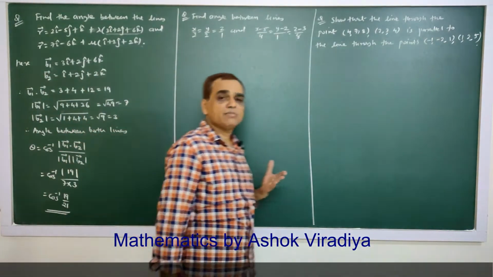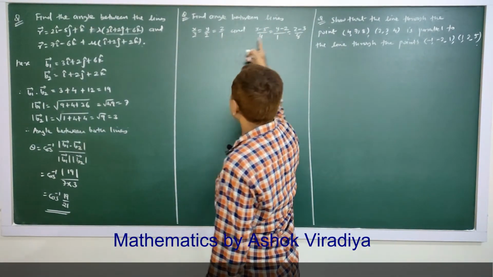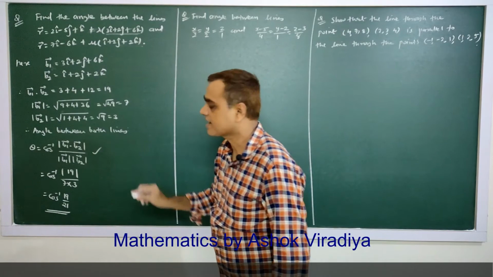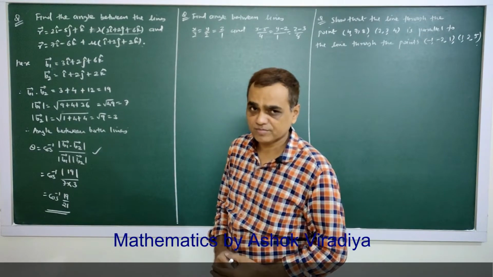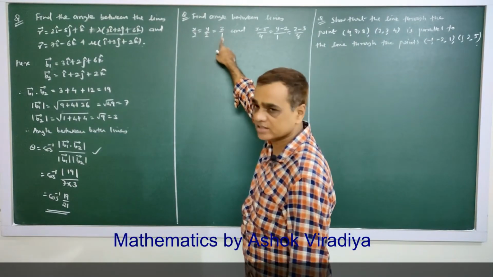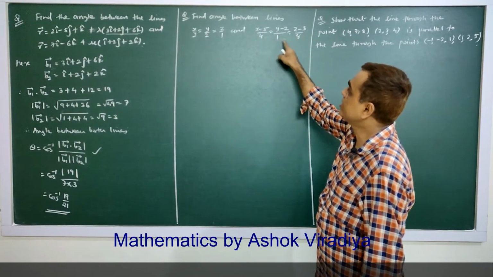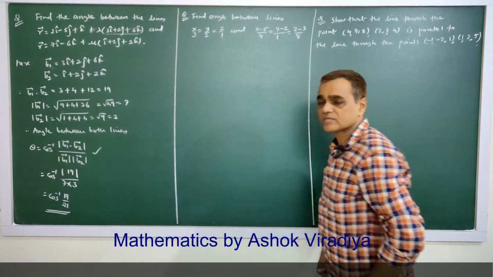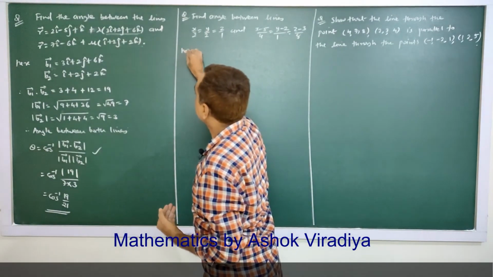Now see here, similar method. Find the angle between lines. These equations are given. We can use this form to find the angle, or we can also use the direction ratios form, that is A1 B1 C1, A2 B2 C2. Before taking the direction ratios, always check that the coefficients of x, y, z must be 1. Or from this Cartesian equation directly we can also take vector B1.